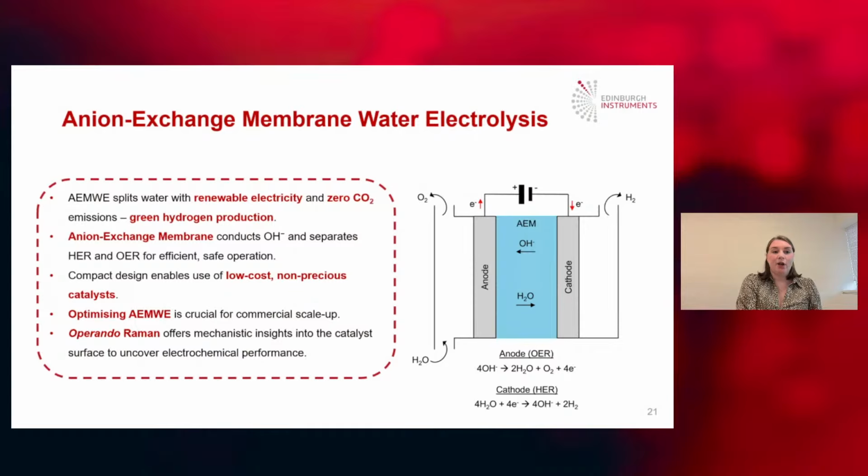It allows for a compact design, which uses low-cost transition metal catalysts, although optimization of this type of system would be crucial for commercial scale-up. That's where Operando Raman comes in, which can offer mechanistic insights into the catalyst surface and the electrochemical performance.